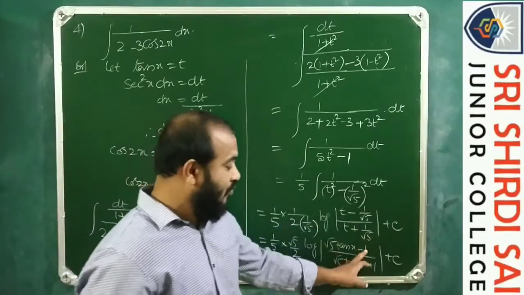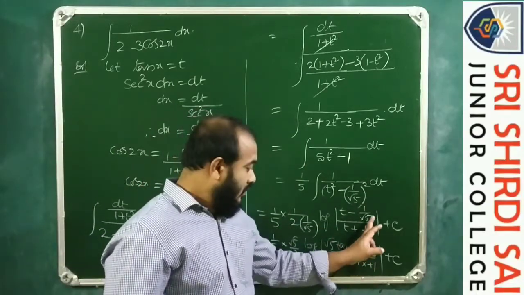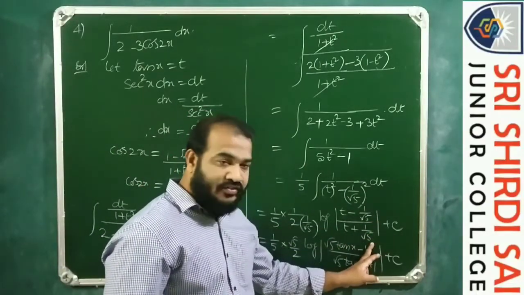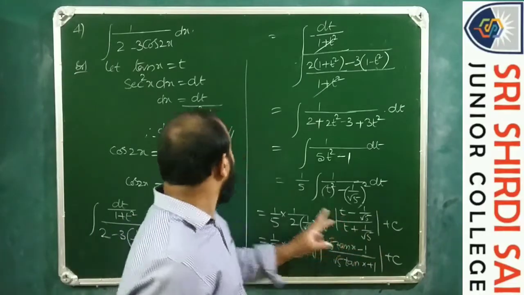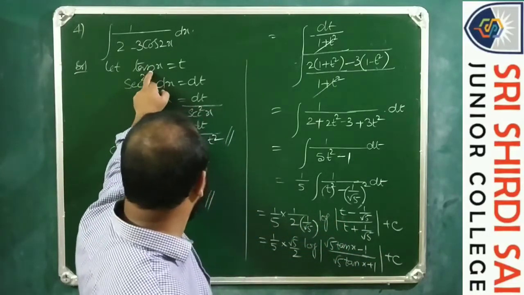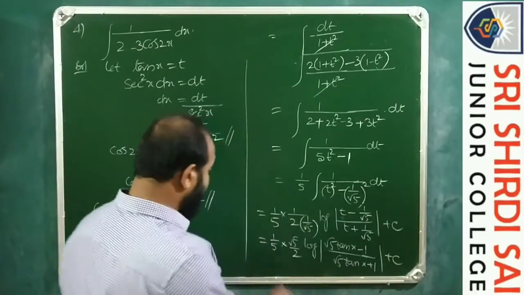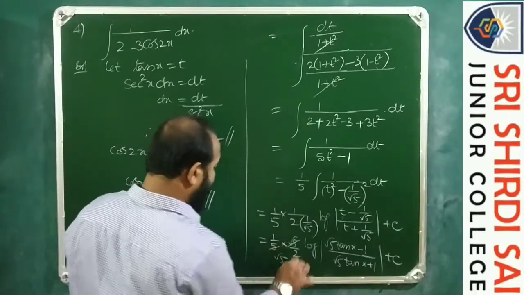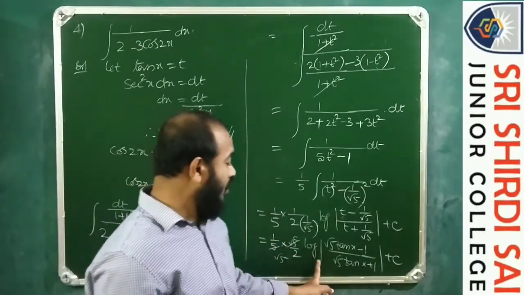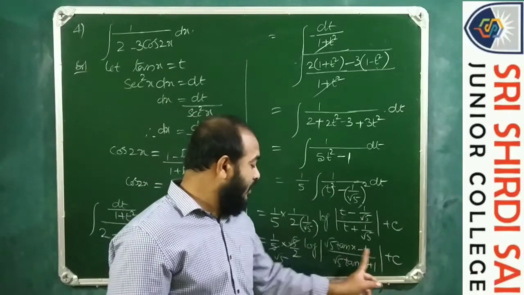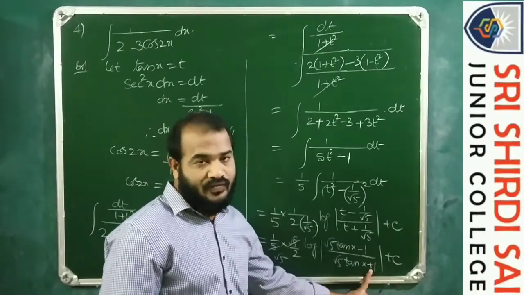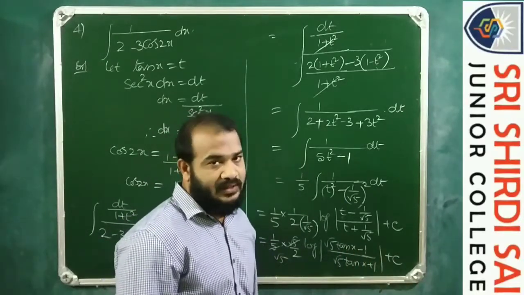Root 5 on both the numerator as well as the denominator gets cancelled, and where the t value is, I have replaced it by tan x. So 1 by 2 root 5 log root 5 tan x minus 1 by root 5 tan x plus 1, plus constant of integration c.